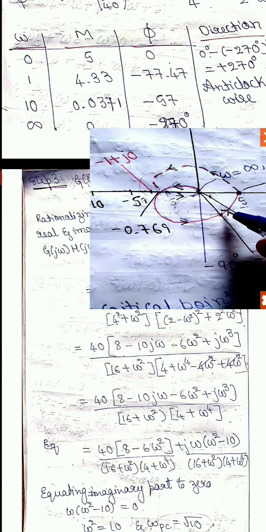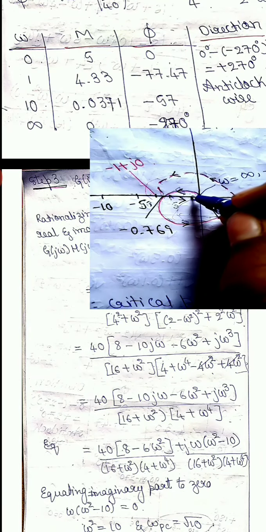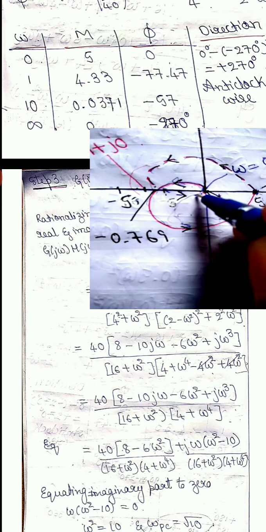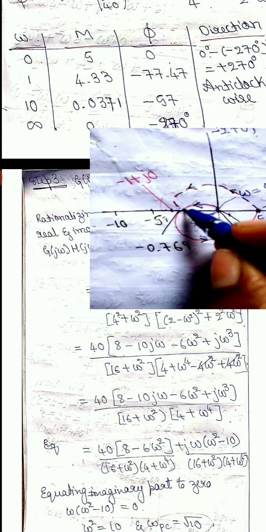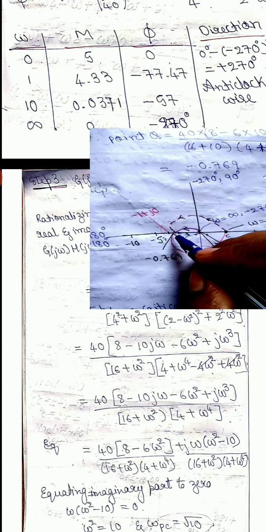You can see it will start from 0 and terminate at infinity. This is the Q point, what we got, minus 0.769.